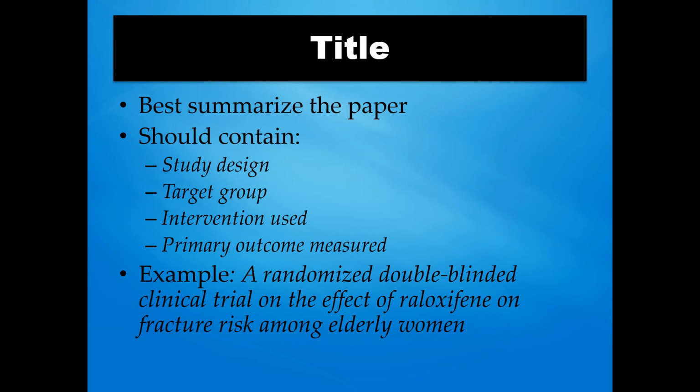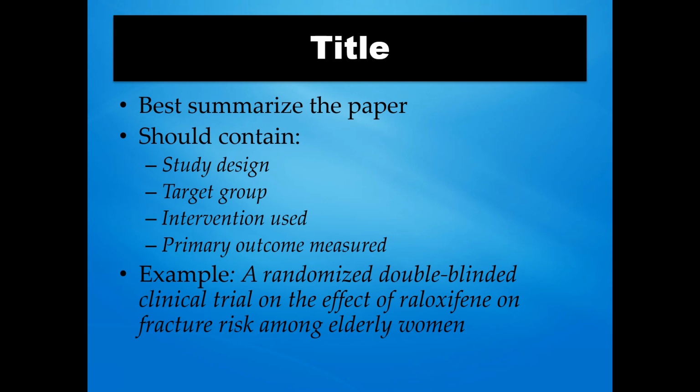First, we'll go to the title. A title is a short phrase that summarizes the paper. For clinical or medical articles, it should contain the study design, target group, intervention used, and primary outcome measures. For example, a title: a randomized double-blinded clinical trial on the effect of relaxants on fracture risk among elderly women.